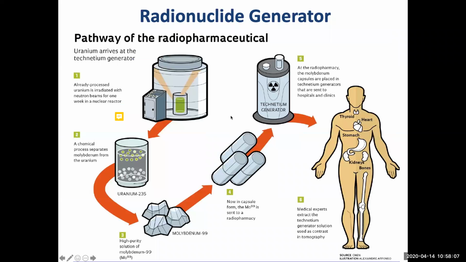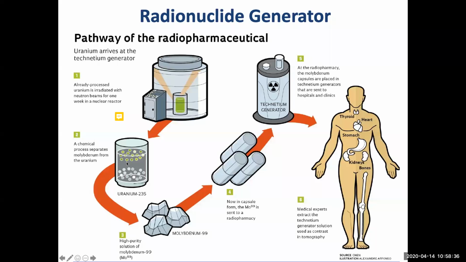This is the pathway of the molybdenum-99 technetium radionuclide generator. So this is the nuclear reactor. Here, already processed uranium is irradiated with a neutron beam for 1 week in the nuclear reactor. So this takes time, it's not just one hit. For 1 week the uranium is irradiated with neutrons, then we get fission products, and part of them will be molybdenum-99 and other isotopes.